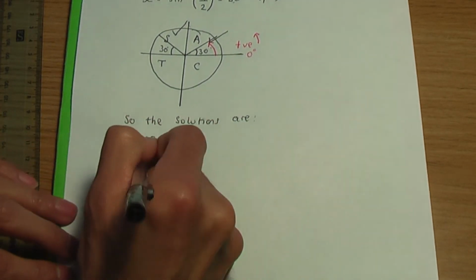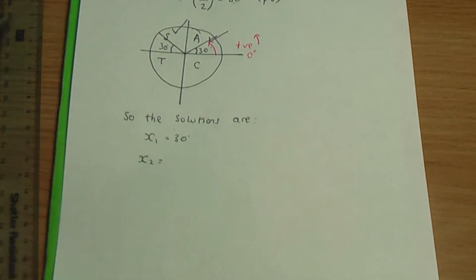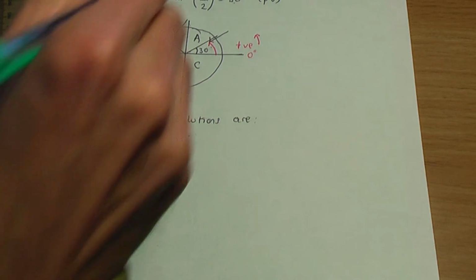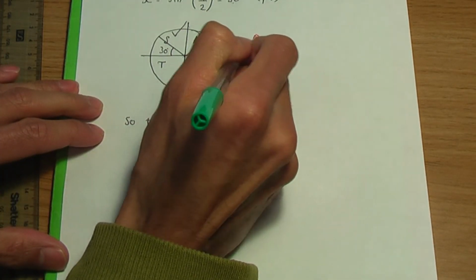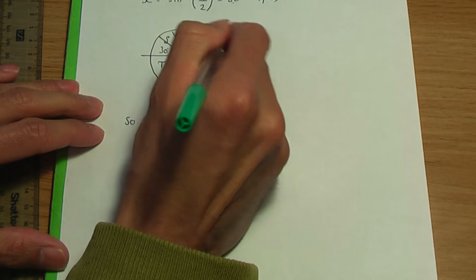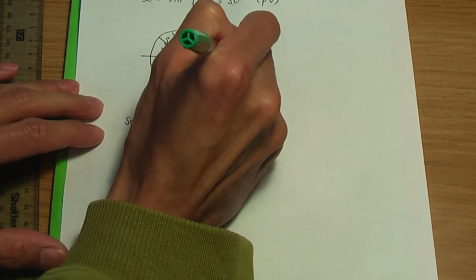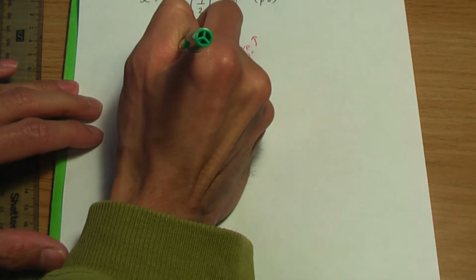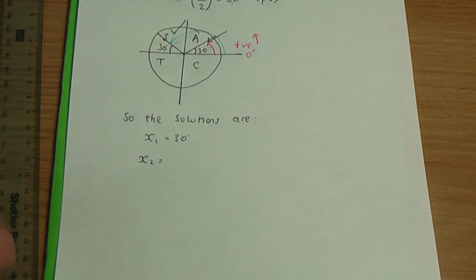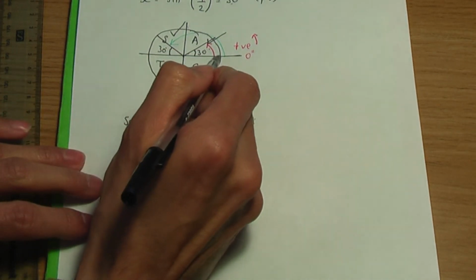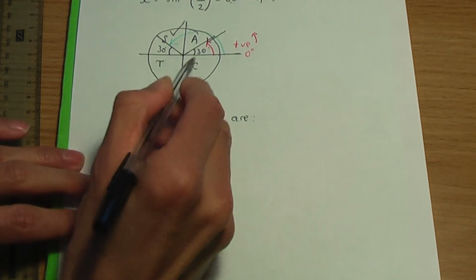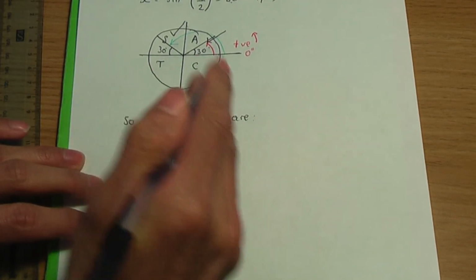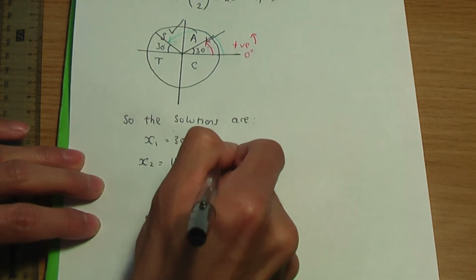And we can have another solution, x2, so let me take another different colour, which is measured from the 0 degree line, again in the anti-clockwise direction since we're measuring positive angles, until you hit that second line being plotted. So that angle from here to here will be 180, the angle in a straight line, minus 30 degrees.